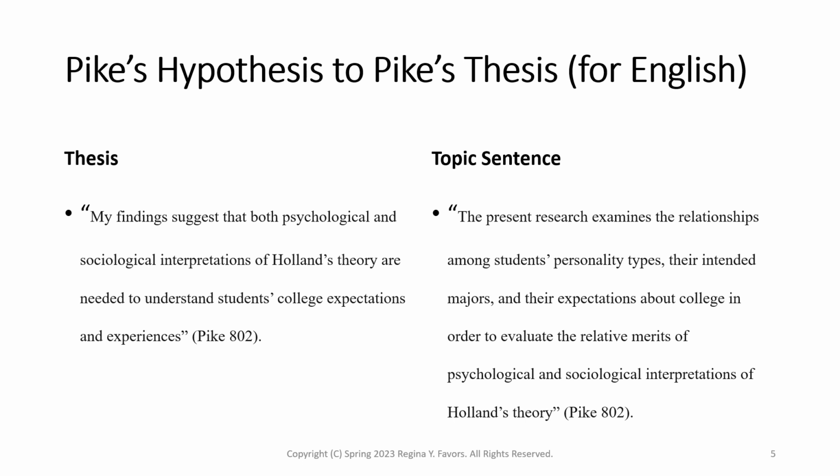We are not paraphrasing. We did not use any ellipses or brackets, and it's a direct quote. And so then we add a citation. So remember, this is the information that is housed within Pike's work, but we are referencing it as a thesis and then a topic sentence so that we can use our English lens to understand his work.